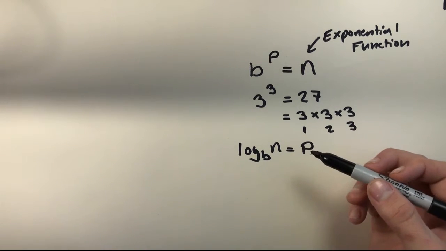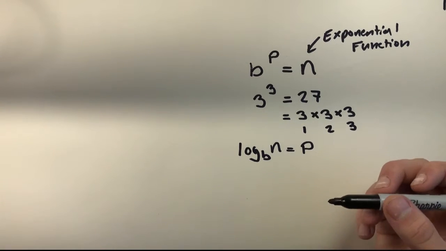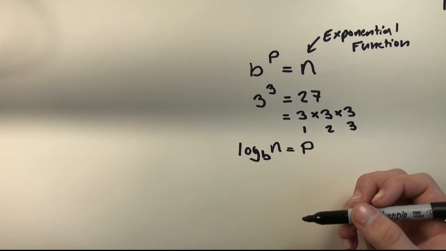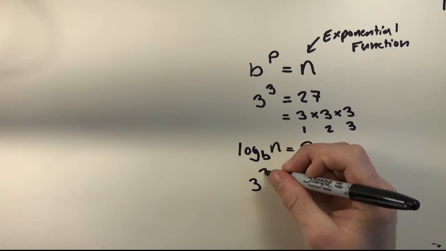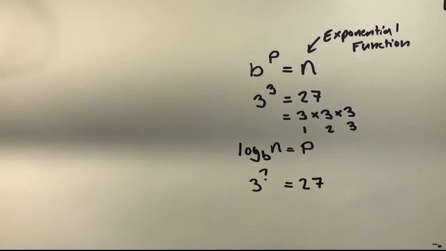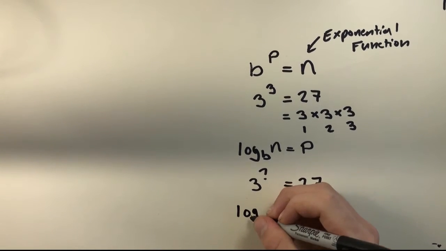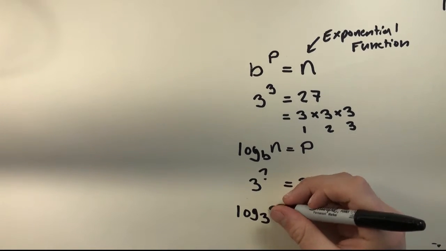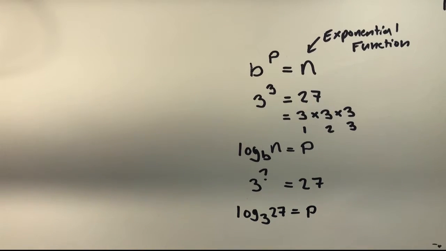Using our example, let's say we were only given the number 27, and we needed to find the logarithm p in base 3. In other words, 3 to the power of what will give us 27. Well, 3 is the base, so log base 3 of the number n of 27 will give us that power.